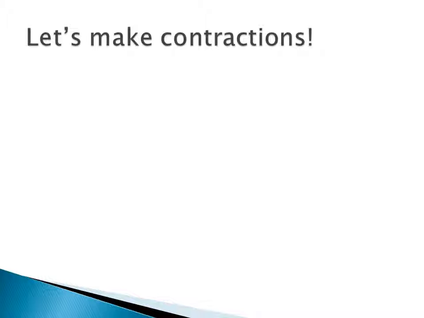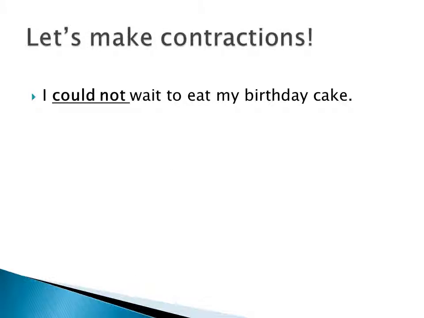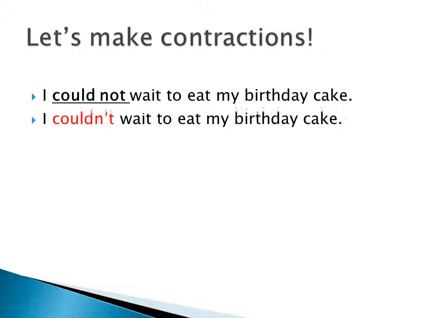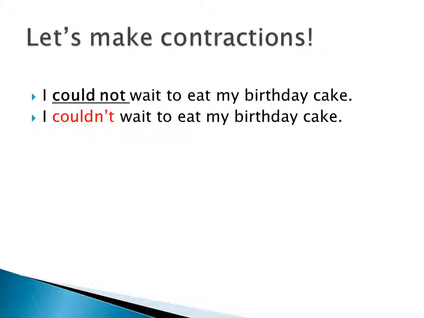Let's practice making contractions of our own. The first sentence says, I could not wait to eat my birthday cake. Could not are the two words that we are going to form together into a contraction. You would turn the word into I couldn't wait to eat my birthday cake. Do you think she is nice?